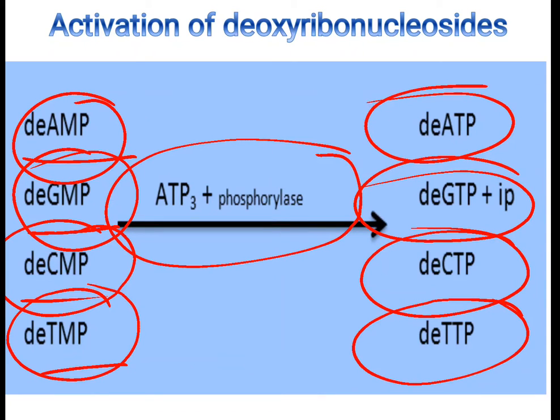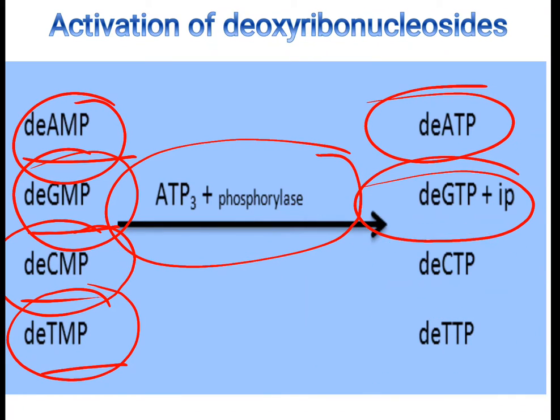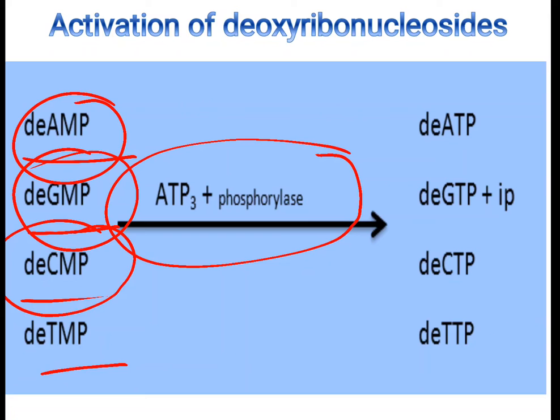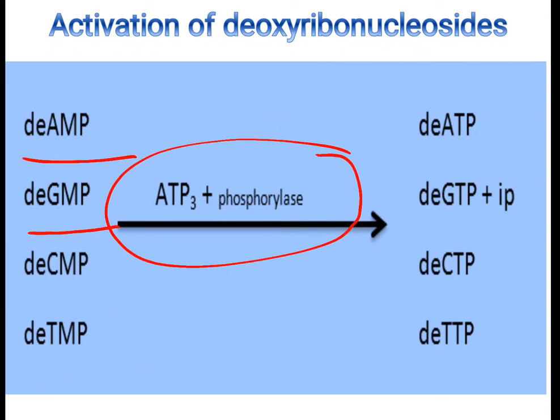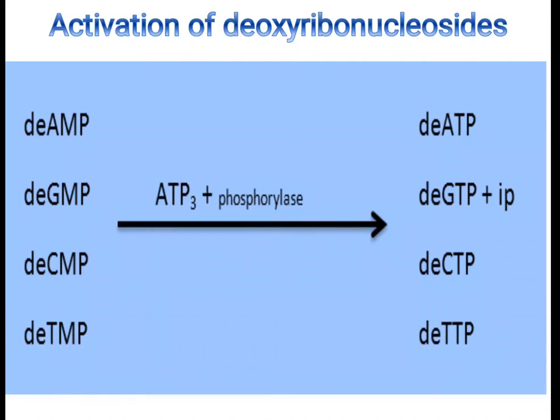The enzyme required for this reaction is phosphorylase, which hastens the reaction and acts as a catalyst, and this reaction is called phosphorylation. Wherever there is addition of phosphates, that reaction is called phosphorylation.